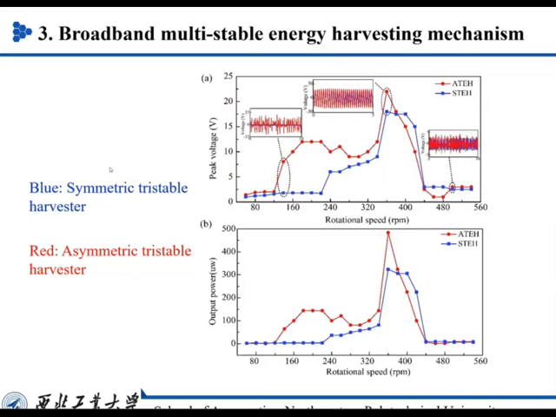The blue one is the symmetric tristable harvester. So we can see that over a wide range both kinds of harvester can work well. However, the asymmetric one works better in a wider rotational speed range.